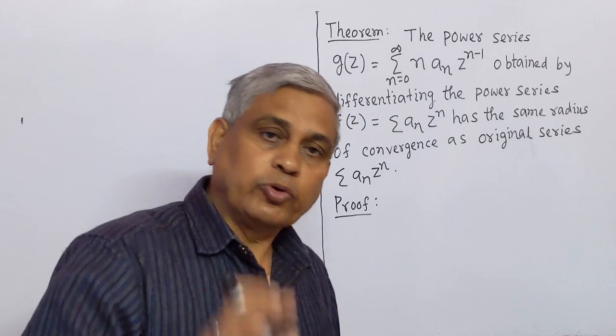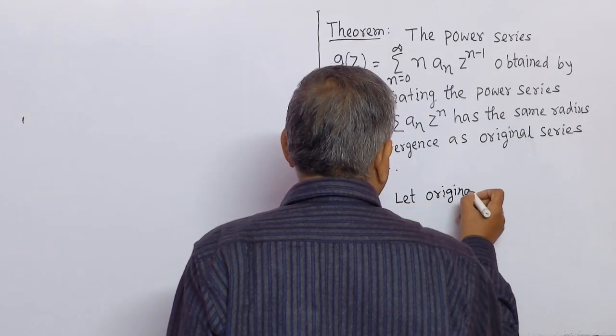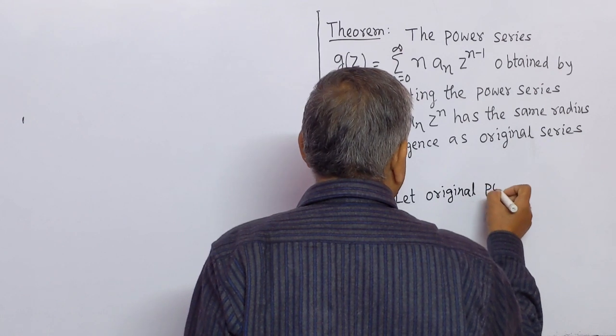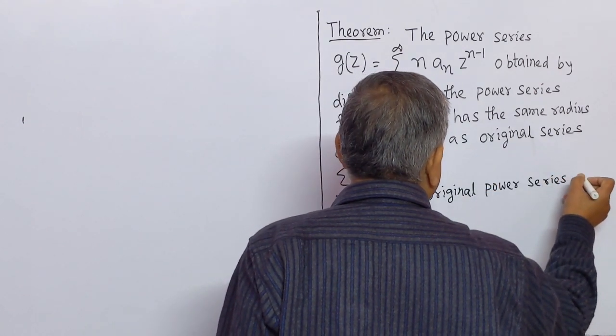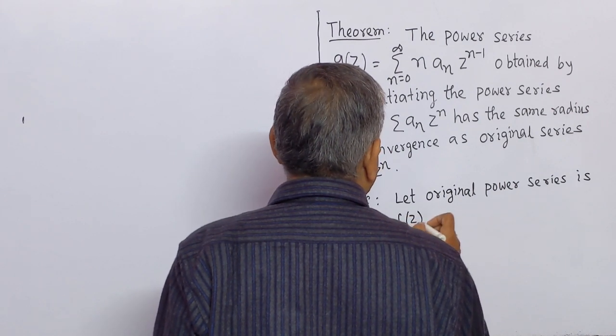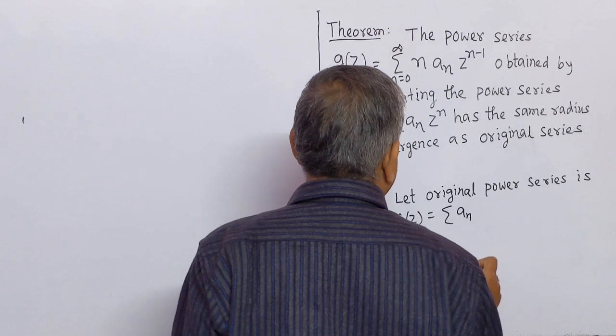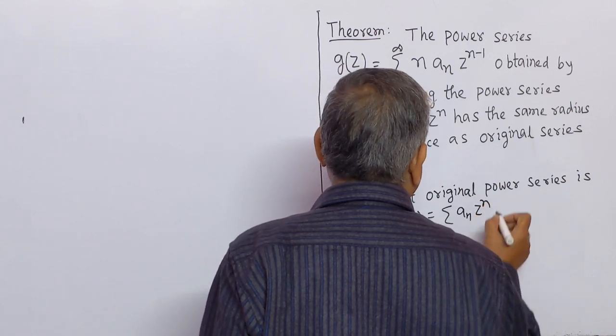Now we prove this. Let the original power series be f(z) = sigma a_n z^n.